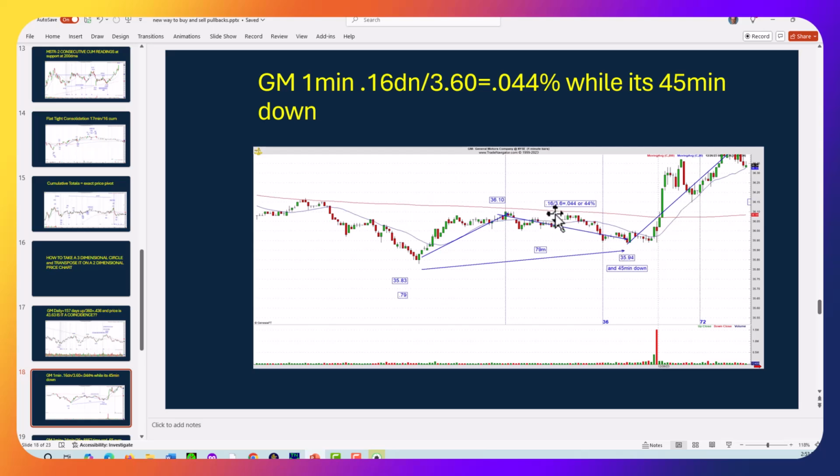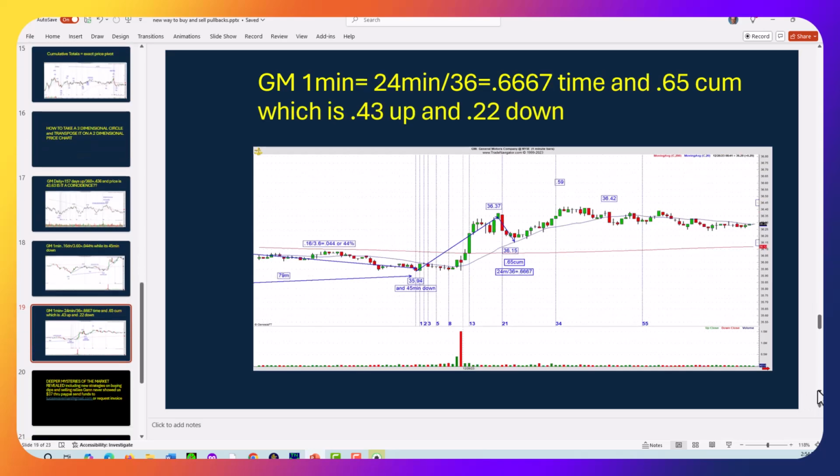You divide that by 3.6 because everything is relative, and what ends up happening? It's 0.044%. Well, that doesn't mean anything until we realize that this move is 45 minutes down. Is that a coincidence? I've done a whole manual, and we get really deep in this.